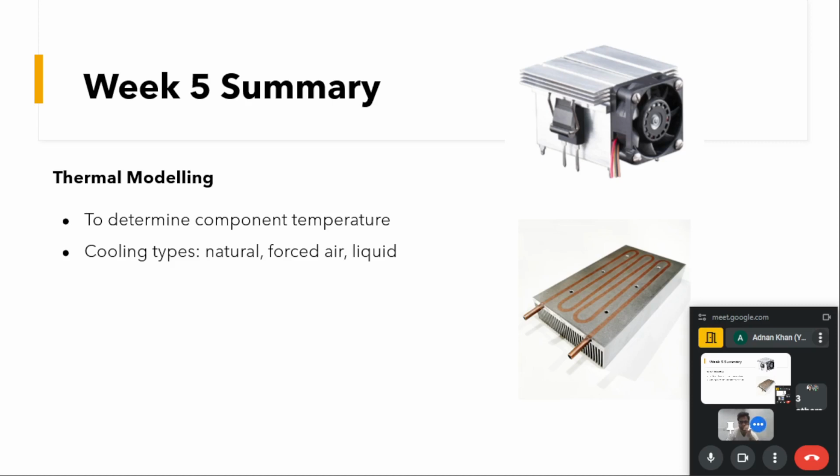So we have to see the means by which we can eliminate this heat that is being generated at the junction of the device because of these power losses, so that our devices may not get damaged.